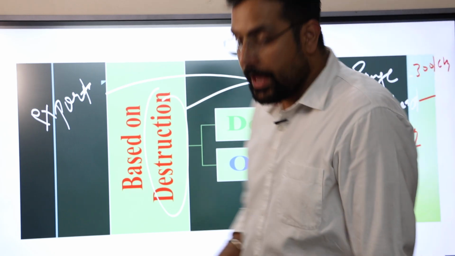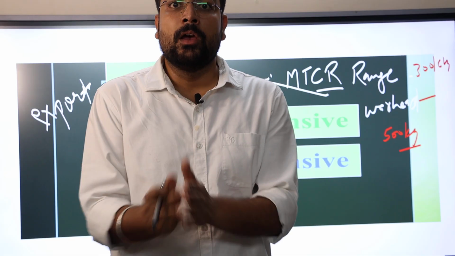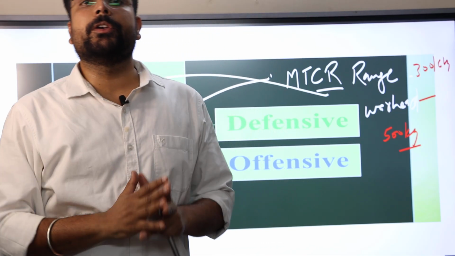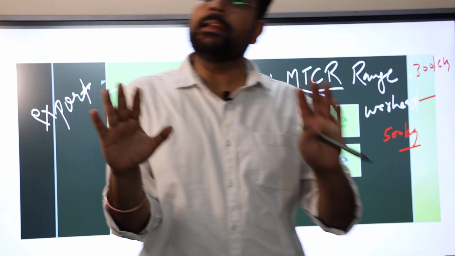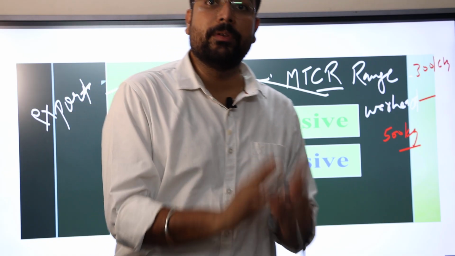What does that mean? If a country is capable of making missiles with a range of 300 kilometers or more, or with a warhead capacity of 500 kg or more, that country can develop such missiles.